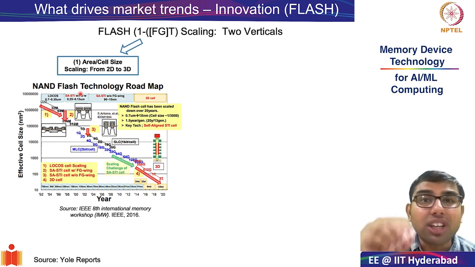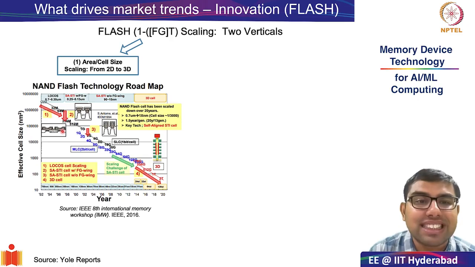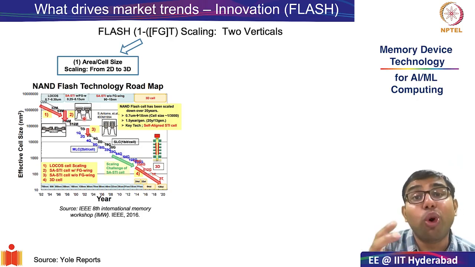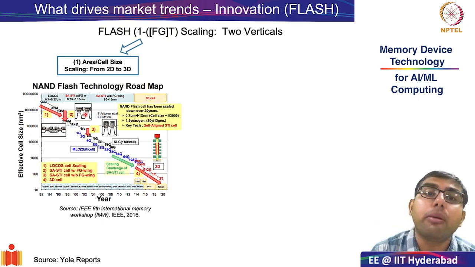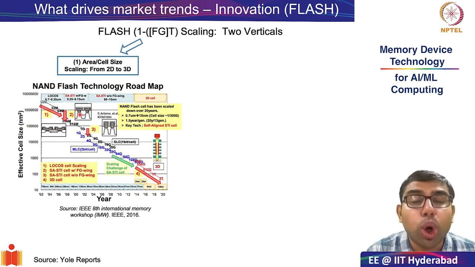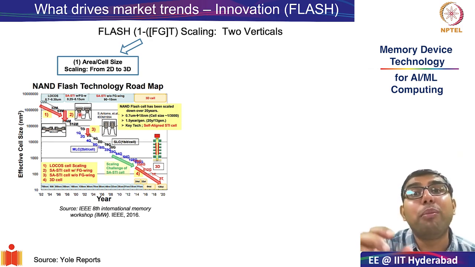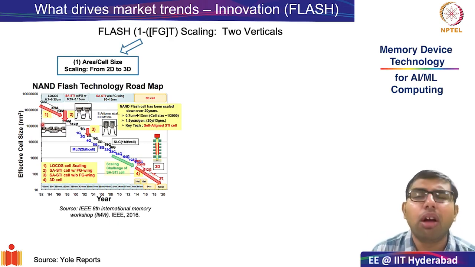Whereas in LOCOS you were oxidizing the silicon wafer to isolate two neighboring transistors, in STI you were etching out silicon and filling it with low dielectric material. Through this process, you were able to bring transistors closer and closer together. Parallelly, you were also able to scale the size of the transistor as well.